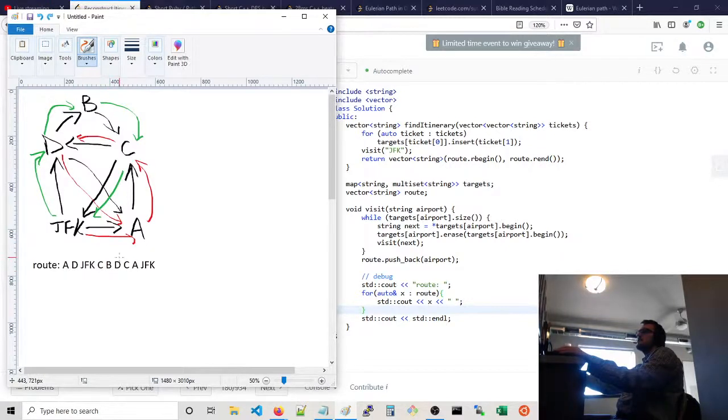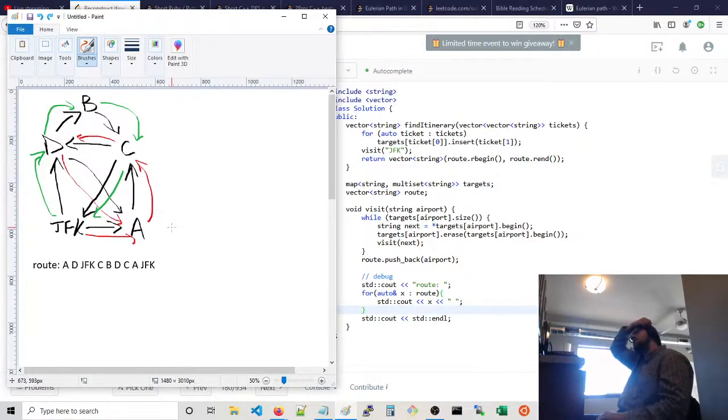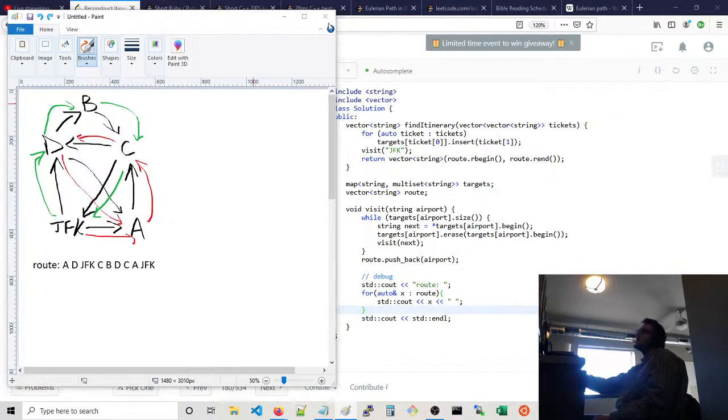And then, right, so this is A to C to D, which fails at A, which writes A, and then doesn't fail at B, writes the whole cycle, and then you append the rest, C, A, JFK. Right, the rest of your cycle, basically, gets appended. Now, okay, so I understand that now.